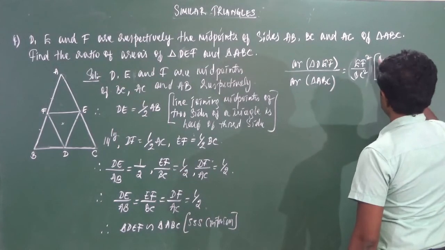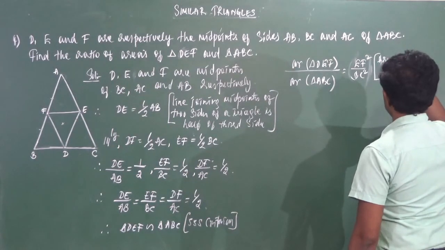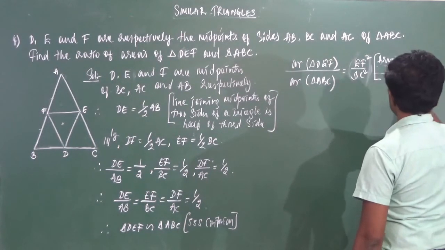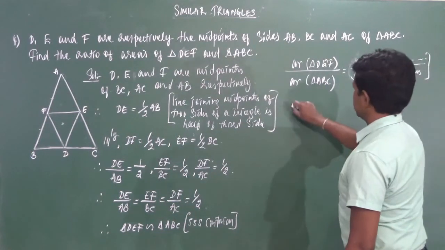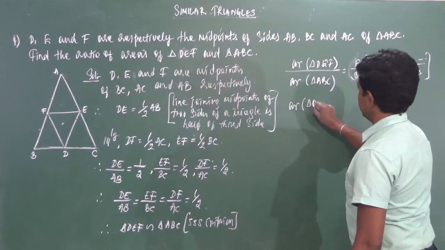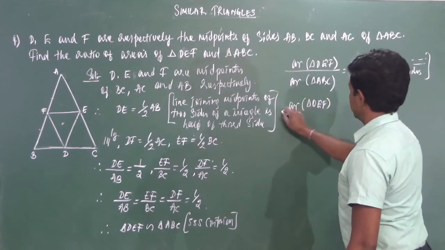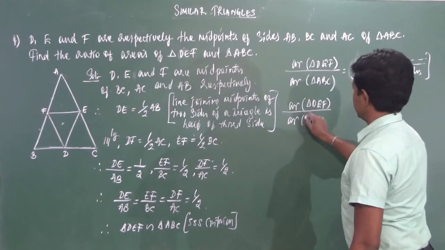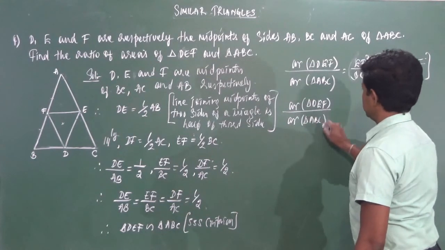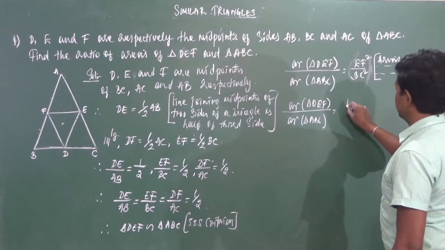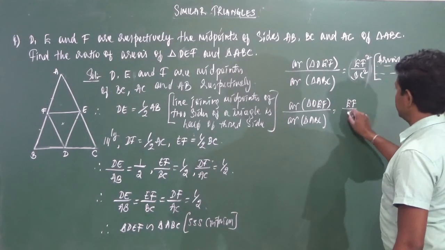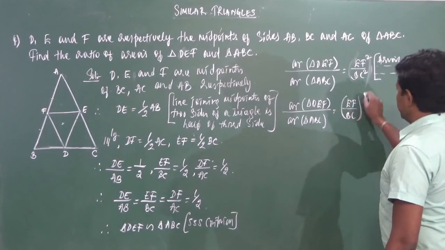Please write the reason, don't forget this: areas of similar triangles are proportional to squares on corresponding sides. So area of triangle DEF by area of triangle ABC is equal to EF square by BC square, which is EF by BC whole square.